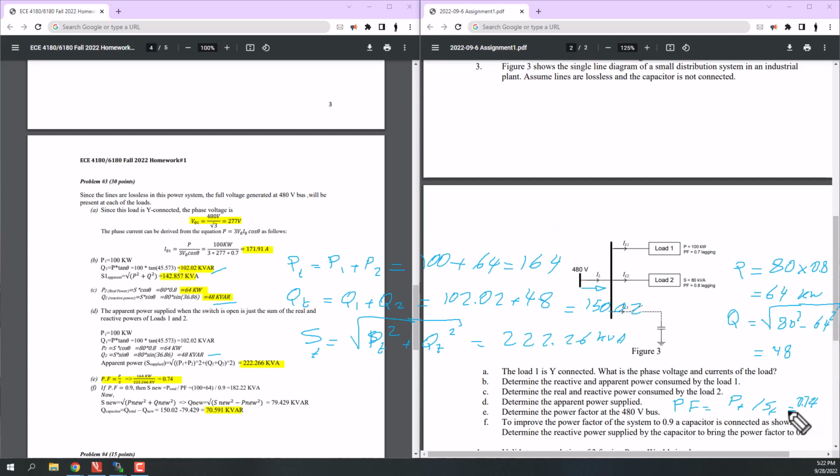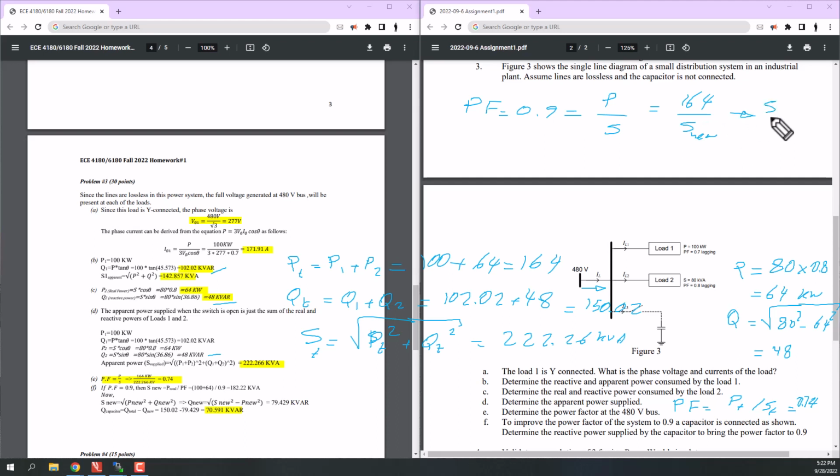We had 150 kilovolt ampere reactive power from the source to supply these loads, and in this case the power factor was 0.74, but now we want it to be 0.9. So we can change S, but active power stays the same, 164. I just call it S new.